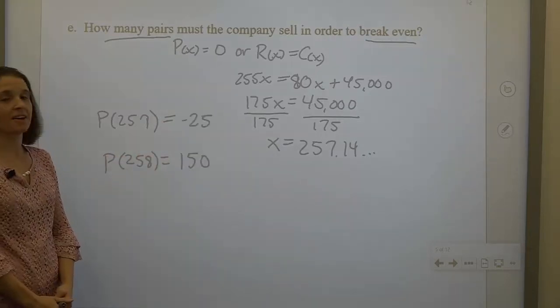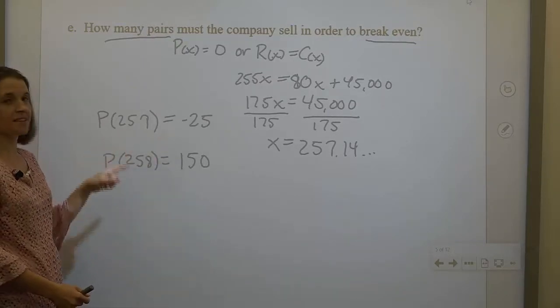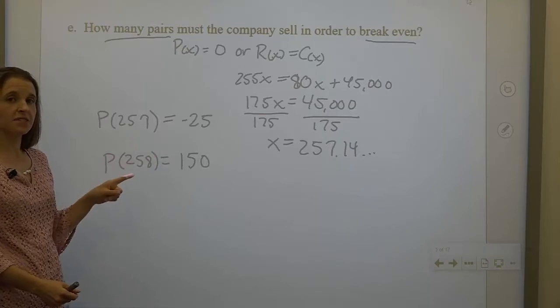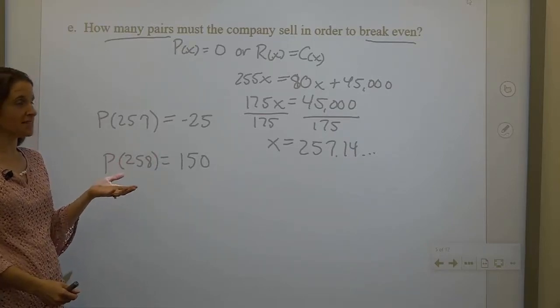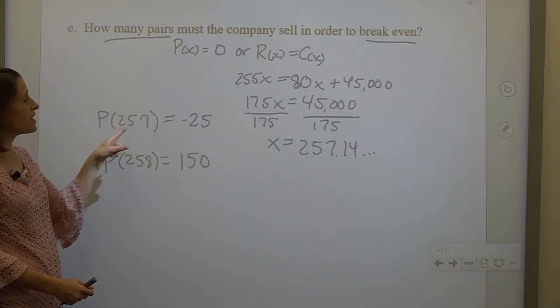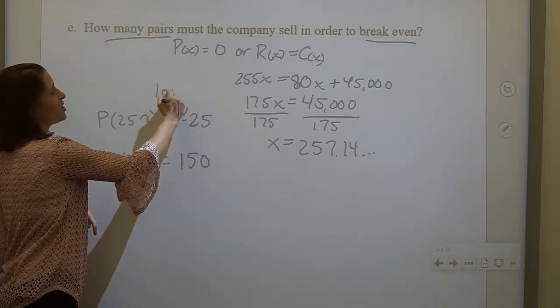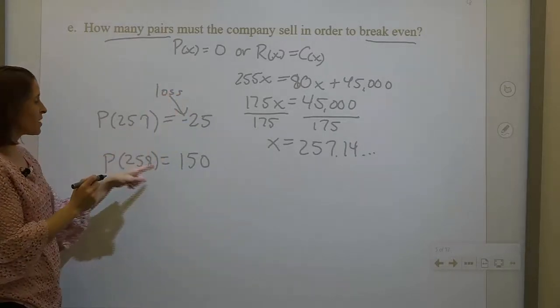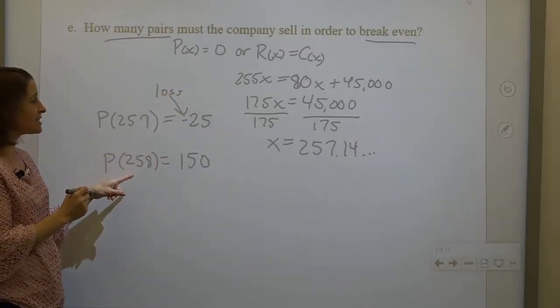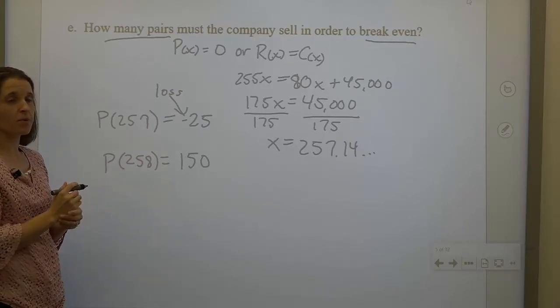I grabbed my calculator and figured out what would happen if we plugged in 257 versus 258, because we've decided that we need a whole number of skis. If you plug 257 into the profit, you are still at a loss of $25, whereas if you plug 258 into profit, you are positive, and so you actually have had a profit.